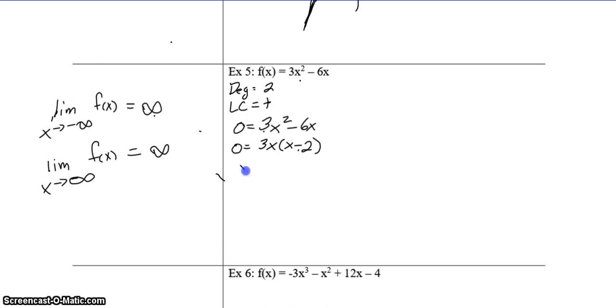So, x equals 0 or x equals 2. Multiplicities are both 1s because the factor only occurs once.